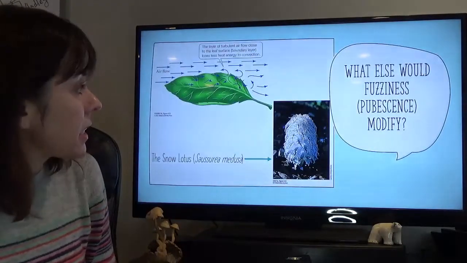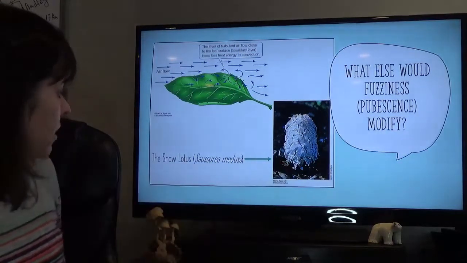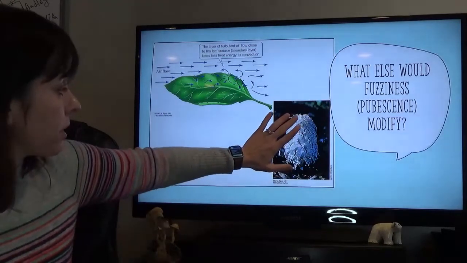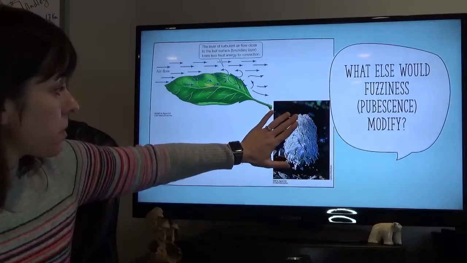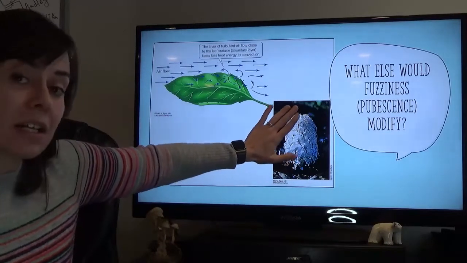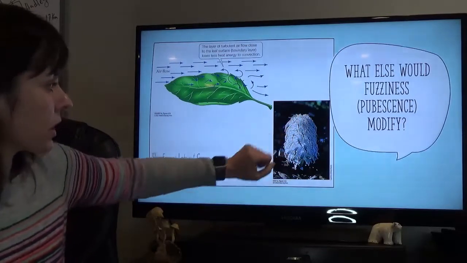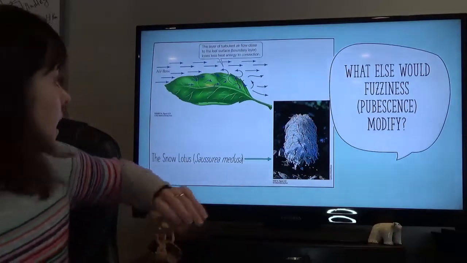There are other things that this fuzziness or pubescence can modify. If we take a look at this snow lotus, the mechanism for this pubescence is actually to insulate the plant. It grows very early in the season, and so the temperatures tend to be fairly cold.